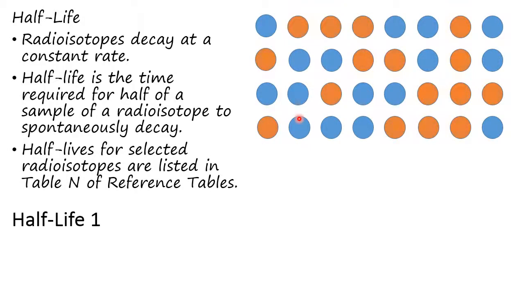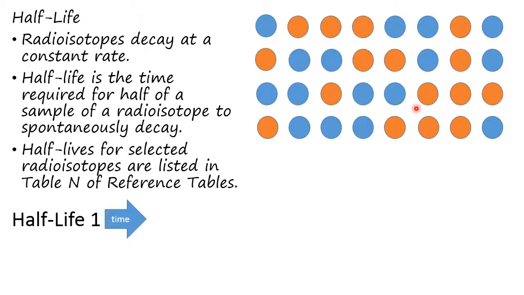So after the first half-life now, we have 16 nuclei that are still unstable, still radioisotopes, but half of them have been transmutated into a more stable nuclei. And so again, there will be some time elapse. It'll always be the same amount of time.